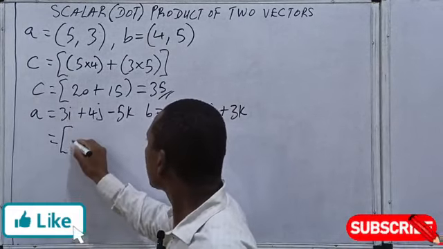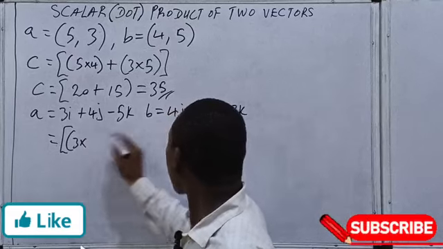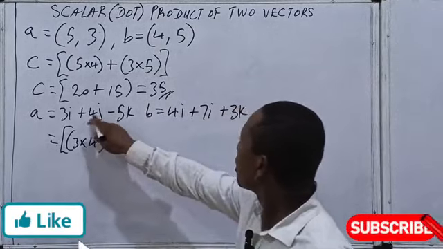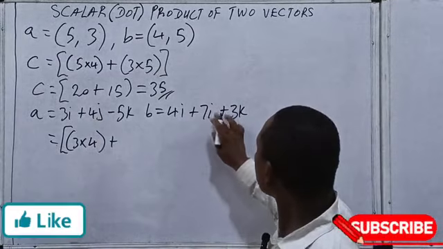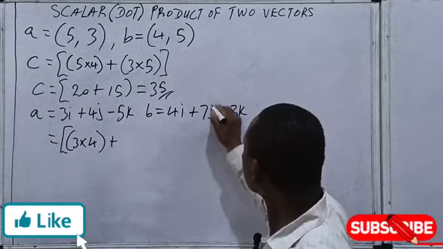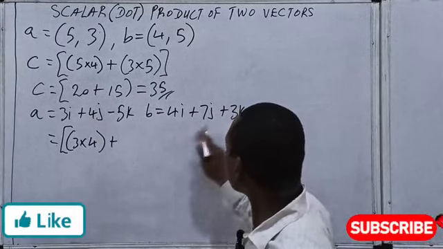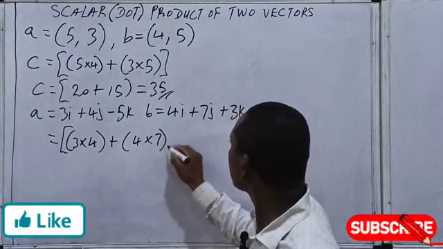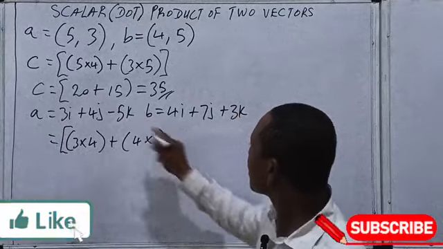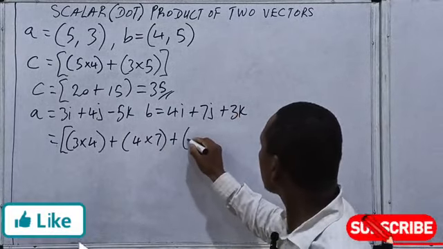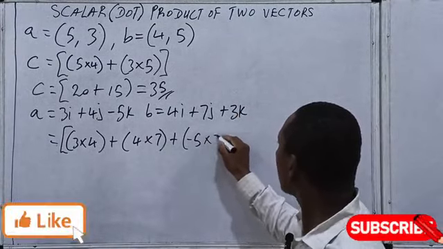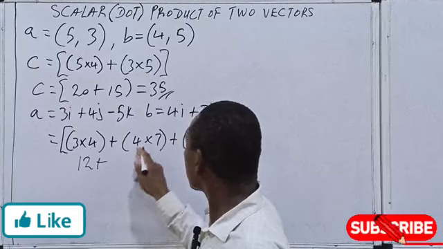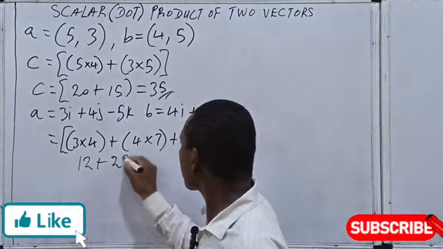All right. Let's start. 3 times 4 plus this. Sorry, this is supposed to be j. All right. This and this, 4 times 7. All right, then this and this, and there's 5 times 3. This times this is 12 plus, this times this is actually 28.